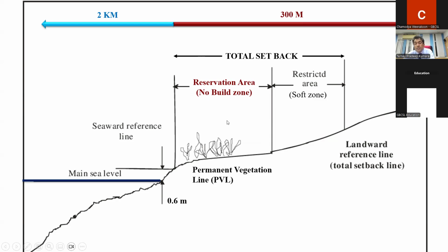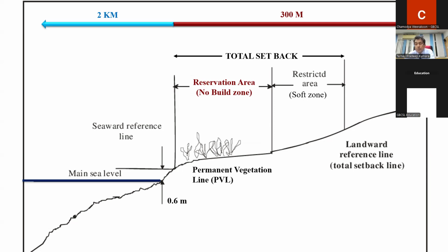The width of this reservation and restricted area differ from place to place, depending on the topography and the shoreline sensitivity, right? Therefore, if you go to the Coast Conservation Department website, you can see in your particular area what your total setback is and what your reservation area is.